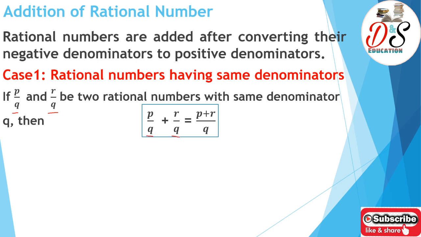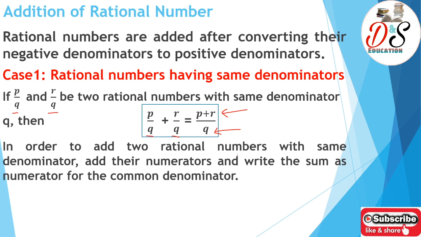What we are doing here, we are adding the numerators together and putting a common denominator for both rational numbers. In order to add two rational numbers with the same denominator, add their numerators, and write the sum as the numerator over the common denominator.